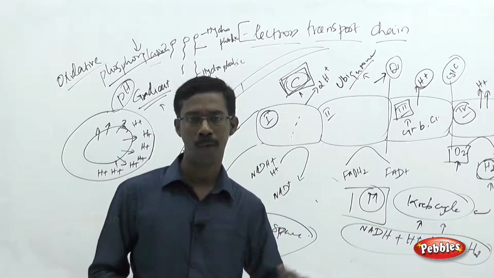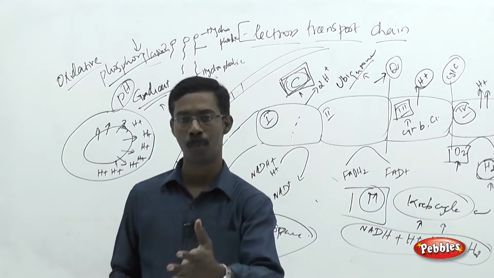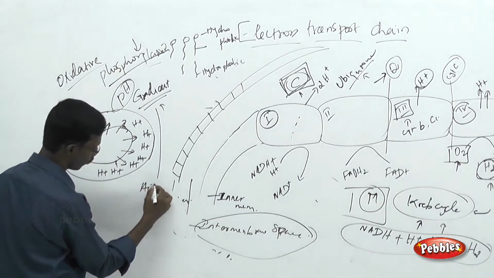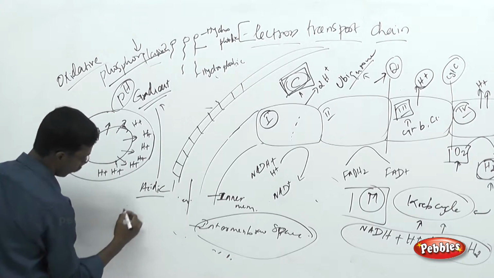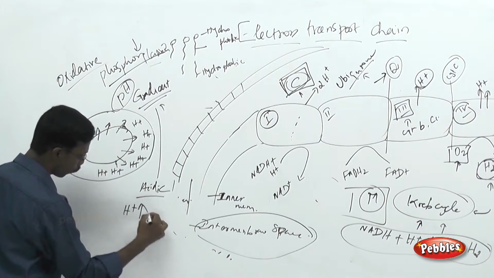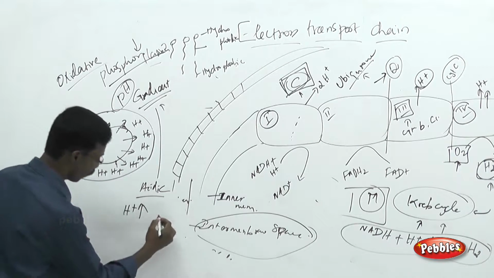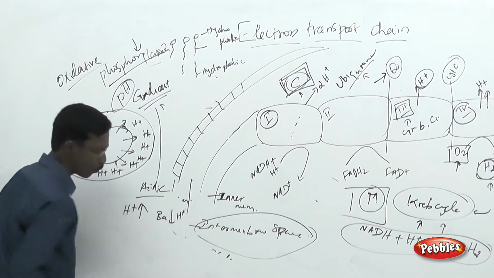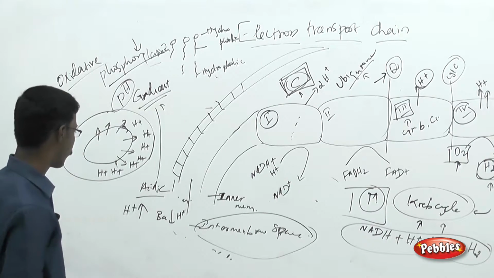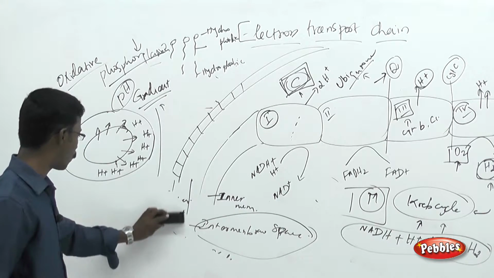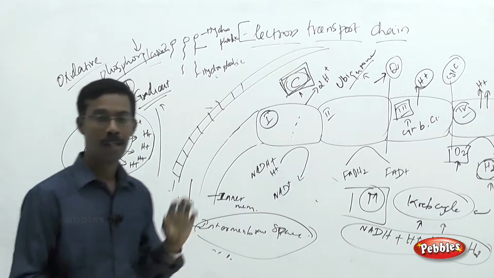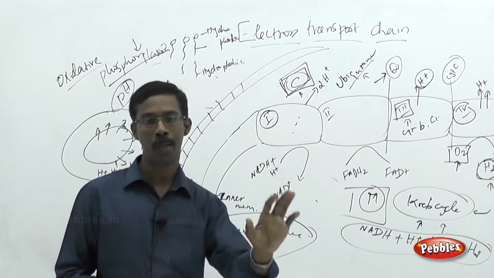In a solution, if you increase the concentration of protons, it becomes acidic. What is acidic? A high concentration of protons is called acidic. What is basic? A lower concentration of protons is basic. The same thing you have to apply here. What happens in the intermembrane space? A higher amount of protons is being deposited.